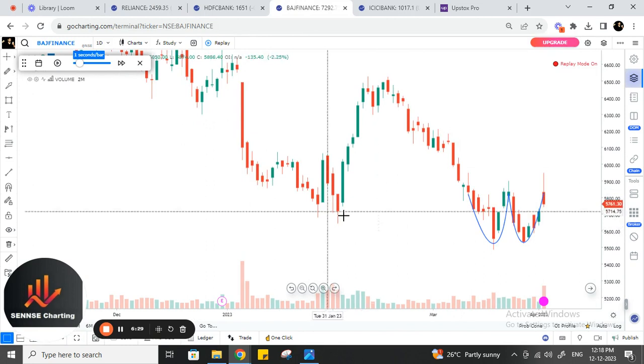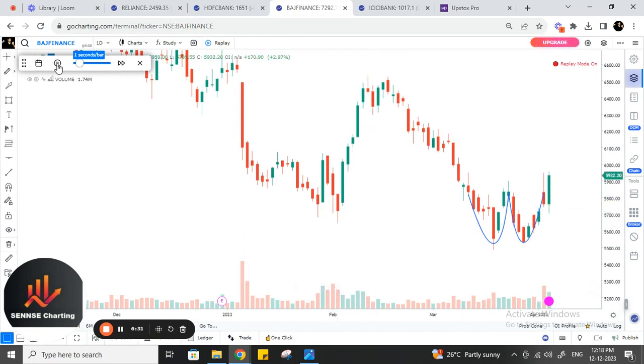And next again, at the support we have Bajaj Finance, and when this high is broken, that is where my entry is. This is where my entry is, and I'll keep my first stop loss and second stop loss.